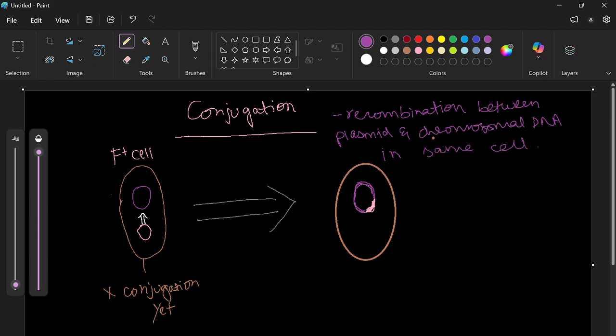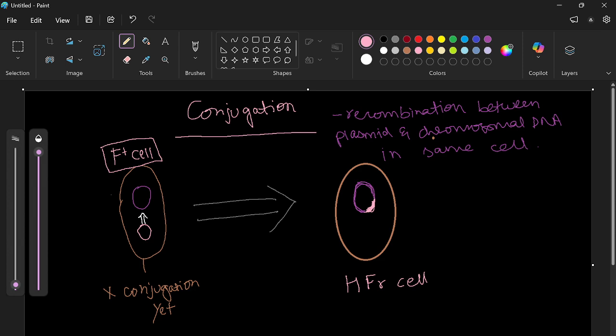Okay, so this was initially an F plus cell. Now this will be called an HFR cell. Okay, it basically stands for high frequency recombination, as this is a really high type of recombination. So this is called an HFR cell, not the F plus cell.